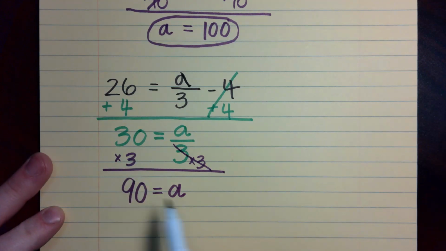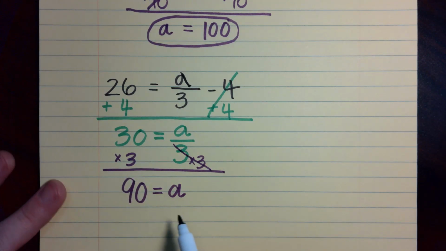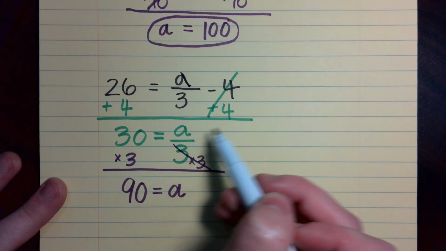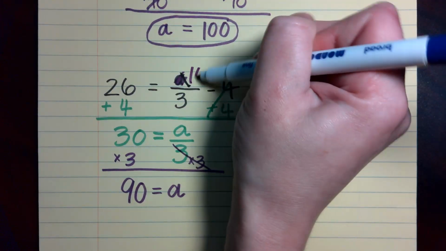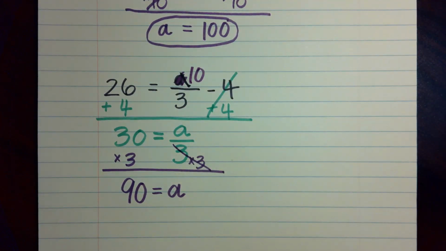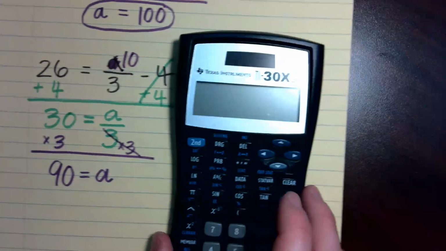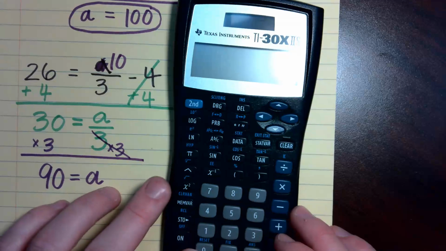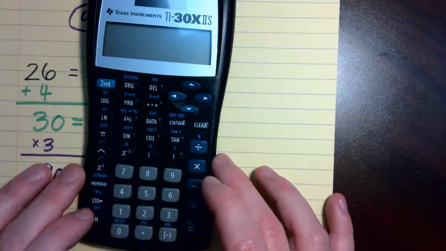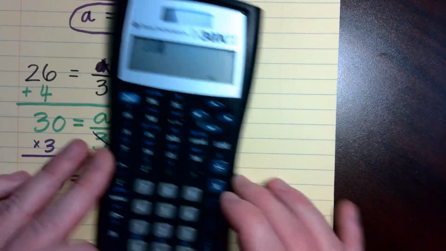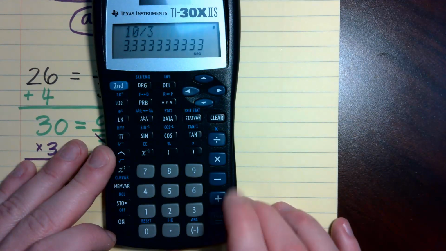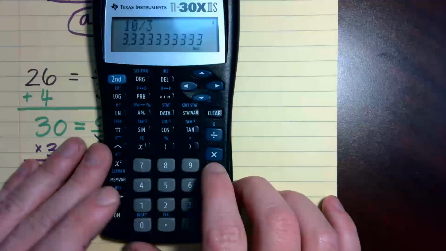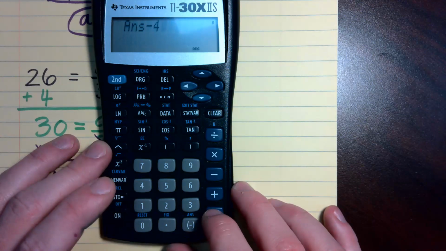Now let's say we did accidentally mess up and I did 30 divided by 3, so I got 10 equals A. What I could do then is plug that back into my original equation. So I could put 10. Now I have 10 divided by 3 minus 4. And we could check, does that equal 26? Okay, 10 divided by 3, minus 4.